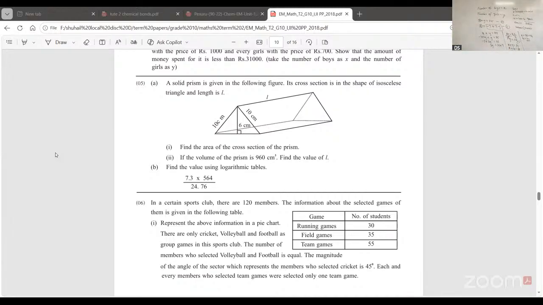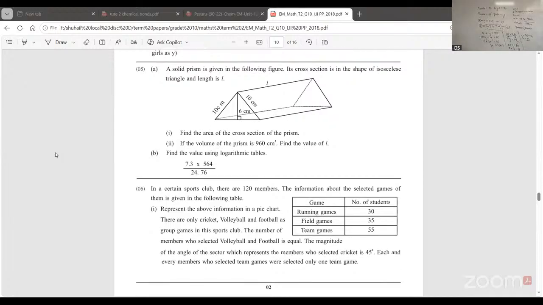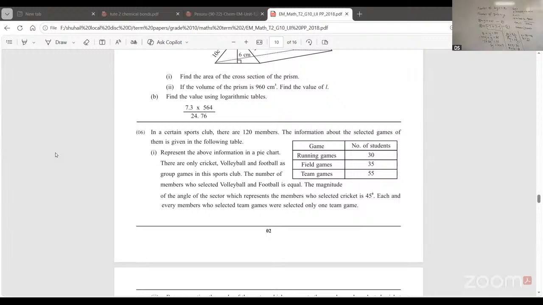Then come for the sixth one. The sixth one is related to pie chart. We'll discuss the pie chart question.